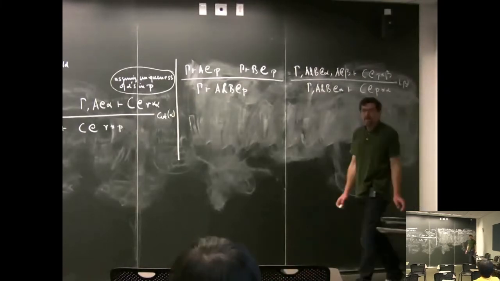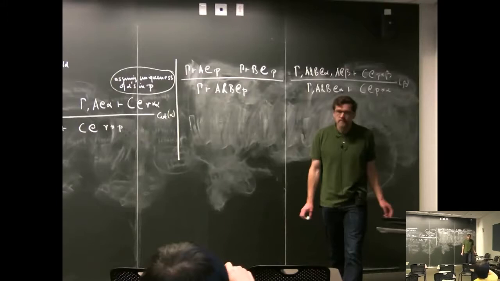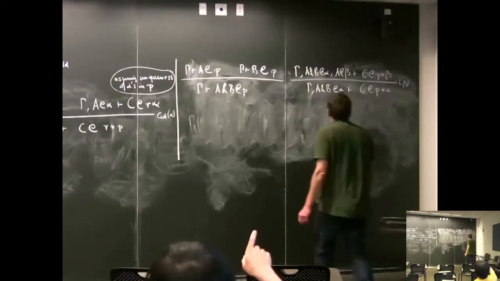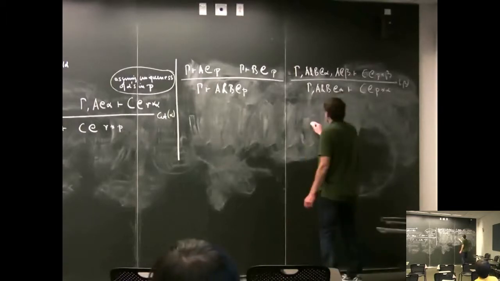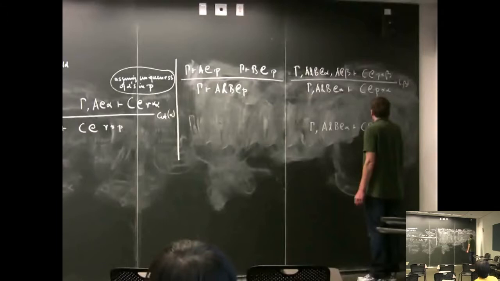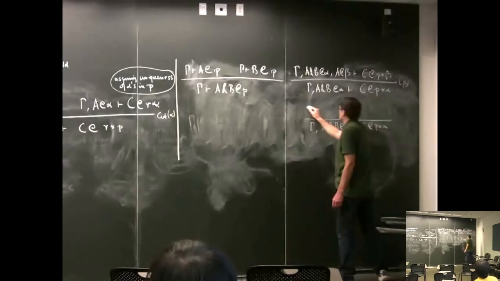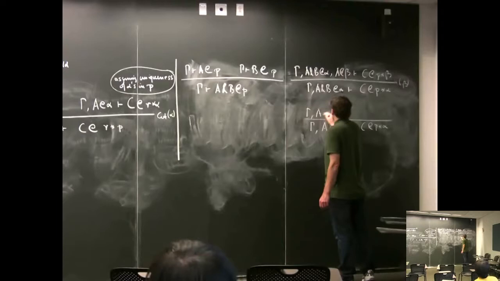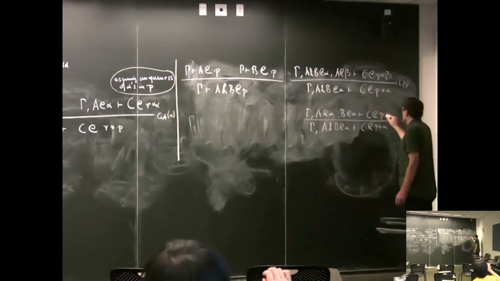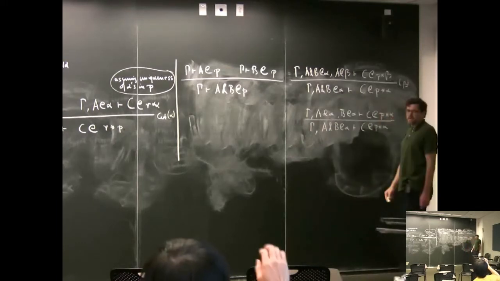I'm just wondering whether you were talking about, like, you can put both of A and B in the context, but still put only one beta. Okay, this is a tempting rule.